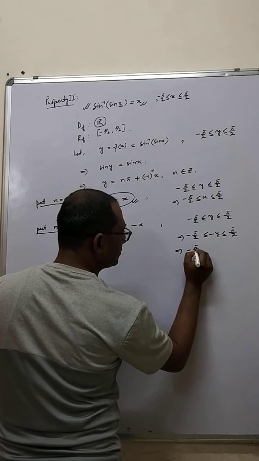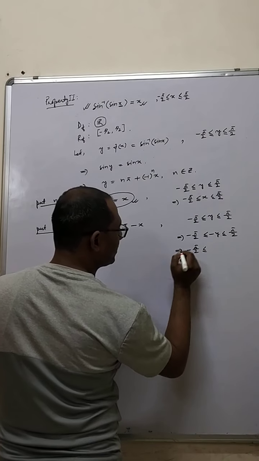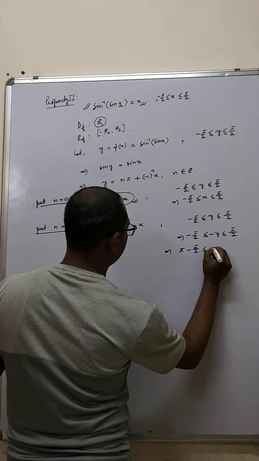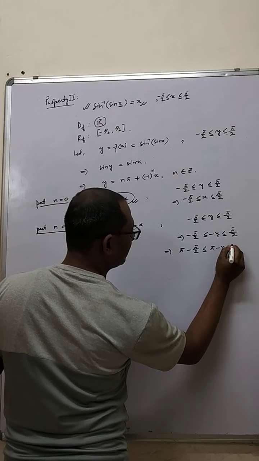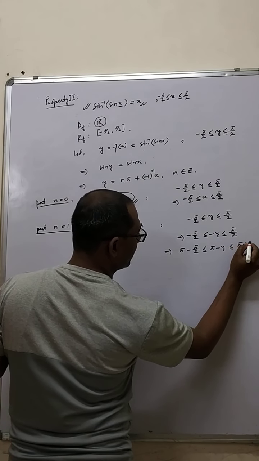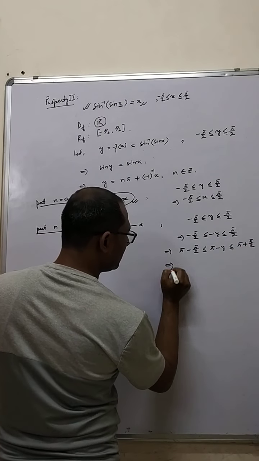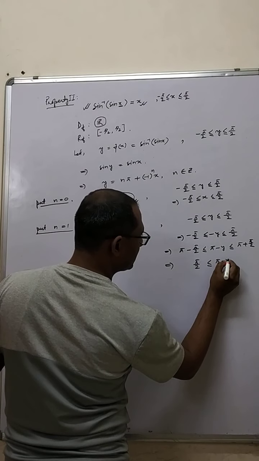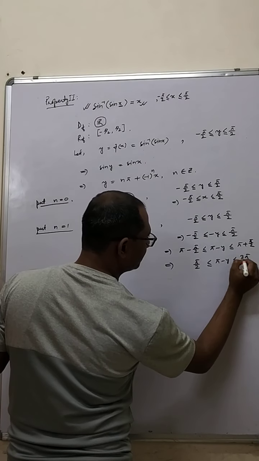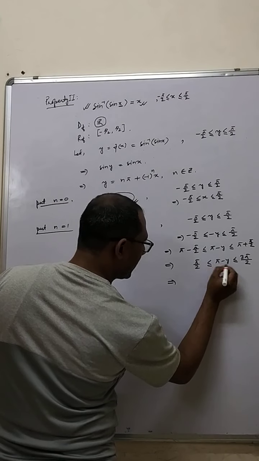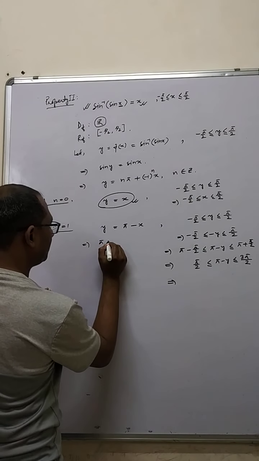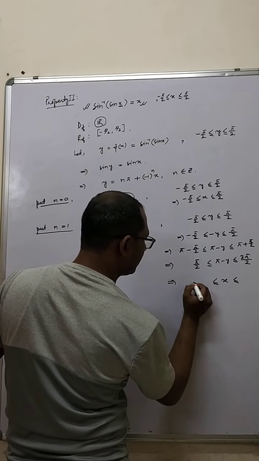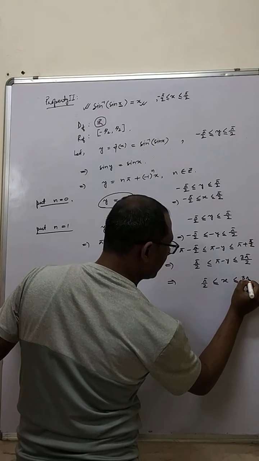So from -π/2 to π/2, I'm going to add π, and here I'll get π minus y between π/2 and 3π/2. Now this value, π minus y, is exactly equal to x. So x will lie between π/2 and 3π/2.